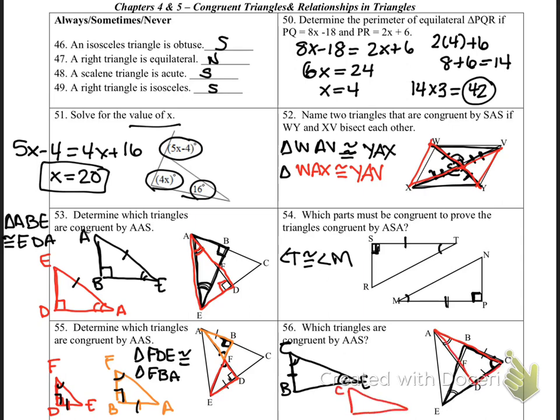So we have this is going to be CDA. So this is going to be congruent. C is going to be the same, and then this side. So there we have it right there. We have angle, angle, side. So that means triangle CBE is congruent to triangle CDA.